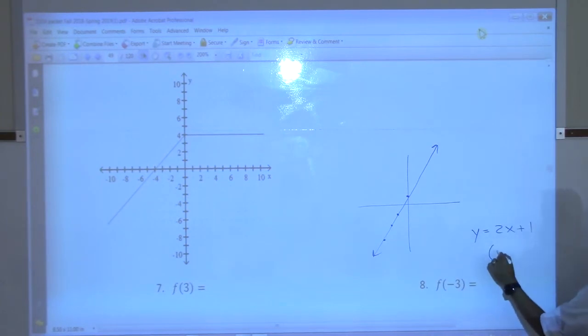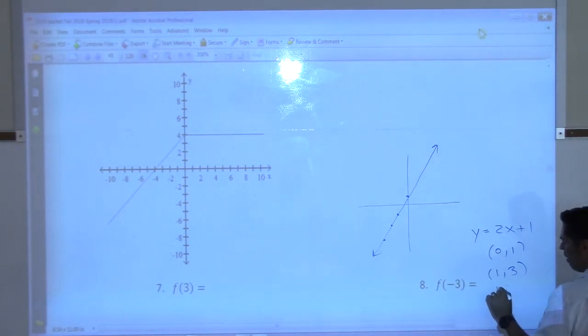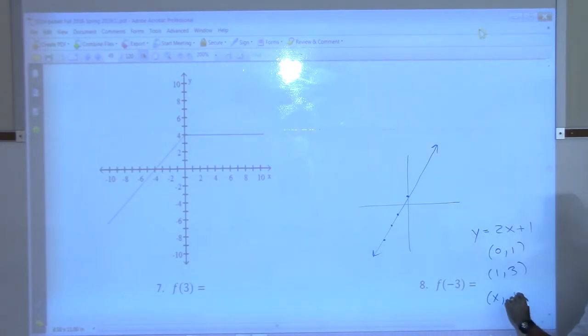Like if I plug in 0 for x, I'm going to get 1 for y. If I plug in 1 for x, 1 times 2 plus 1, I'm going to get 3. We keep doing this, right? Yes? Okay. So this value that we're plugging in is the x, and the value that comes out is the function's value at x. So input, output.